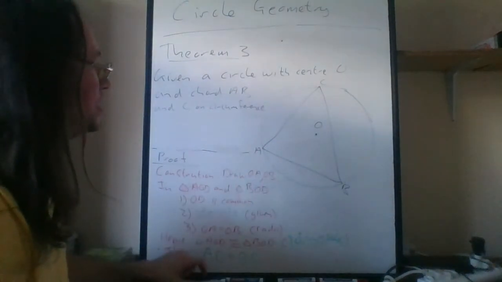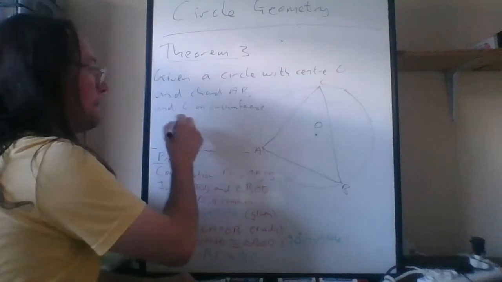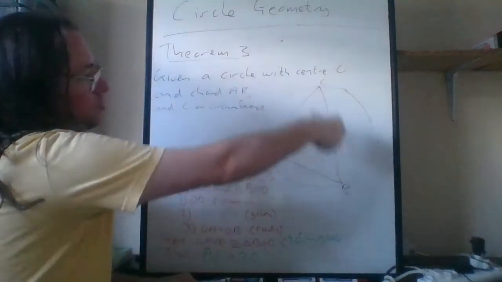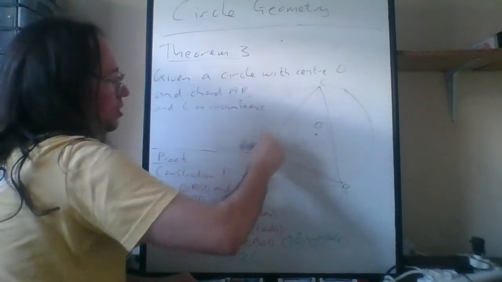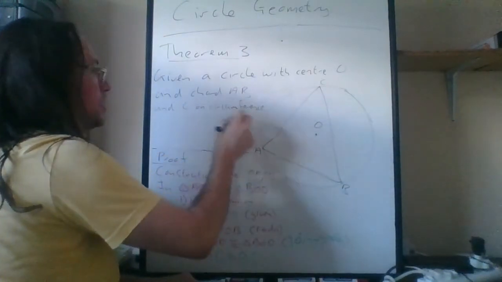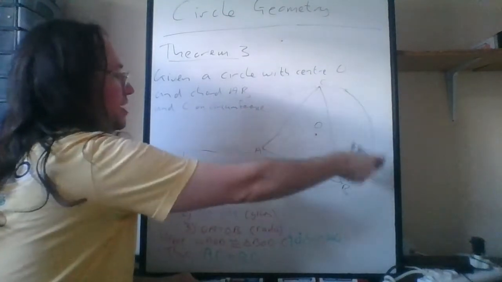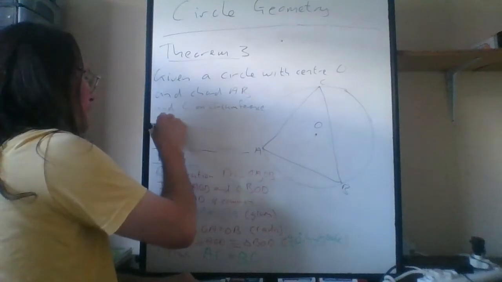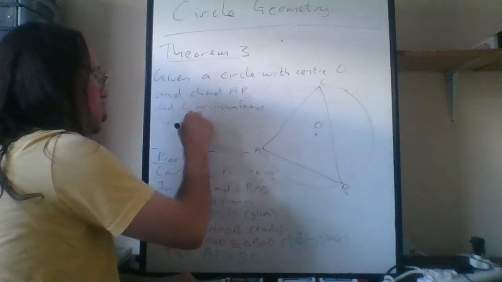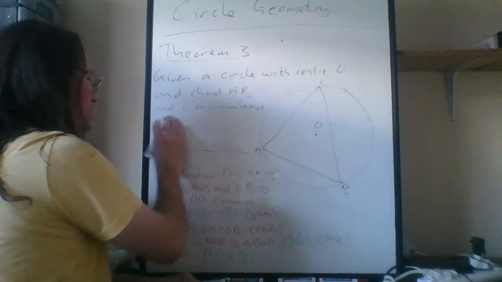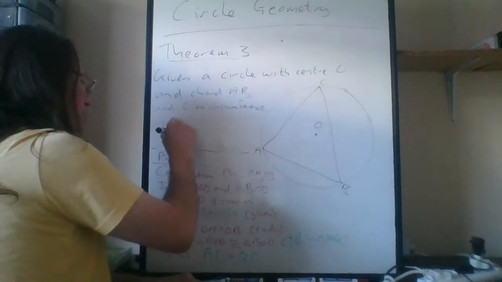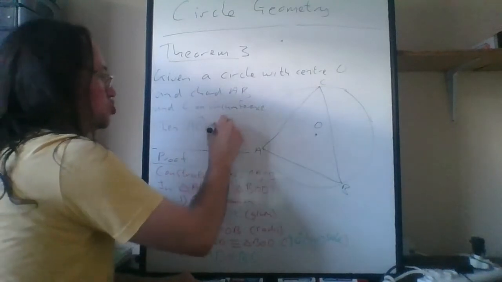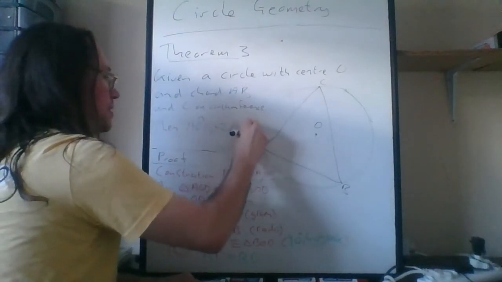Then what we have is that, with C on the same side as O from AB, so C is on this side of AB, then angle AOB is equal to twice angle ACB.